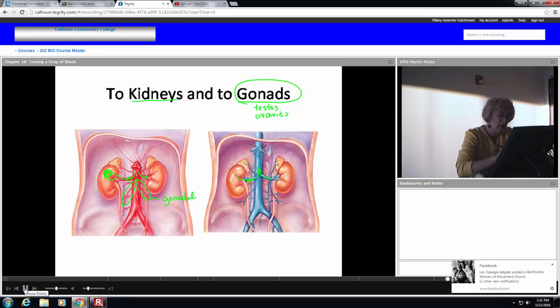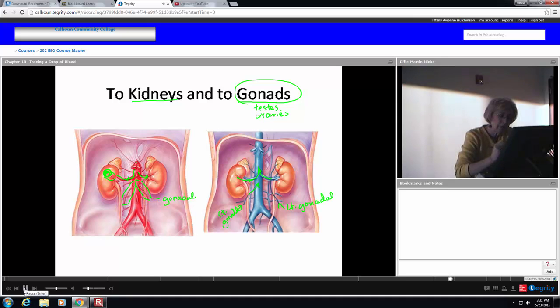Your right gonadal comes directly into the inferior vena cava, whereas your left gonadal, notice what it does. It joins right here with the left renal vein before coming back into the inferior vena cava. So it does make a difference whether you're going down the right or the left testes or ovaries, because your return trip is going to be different on the two different sides.